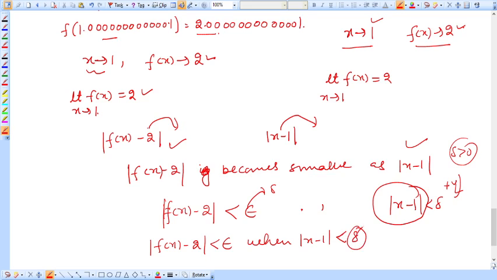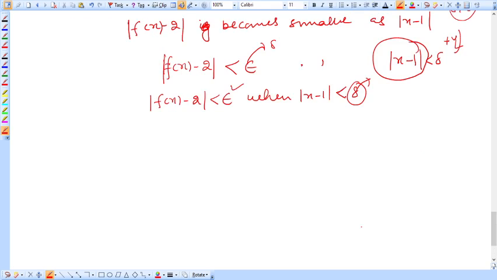Here delta is depending upon epsilon, so it is kind of some function of epsilon, right? So basically it means that both the differences are interrelated. When one difference gets smaller, the other difference also gets smaller. This is the meaning of this definition.